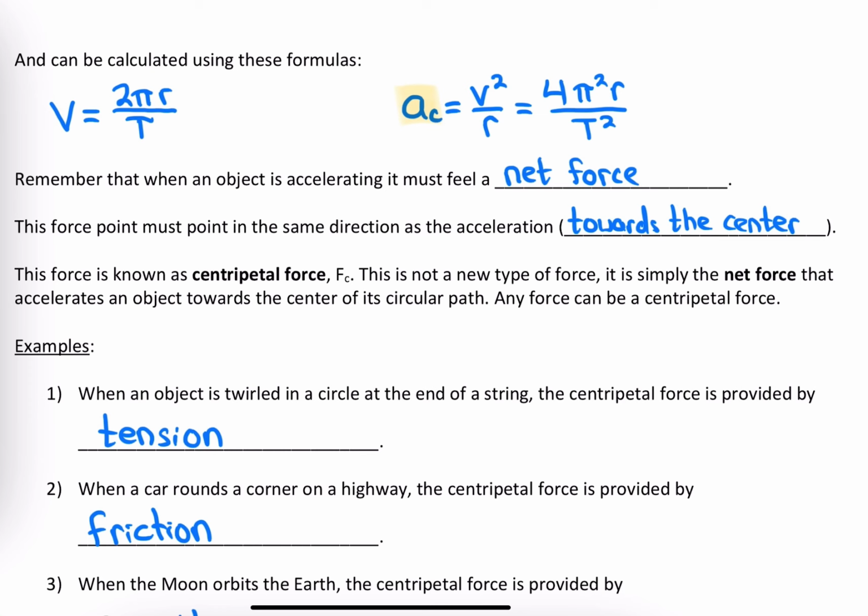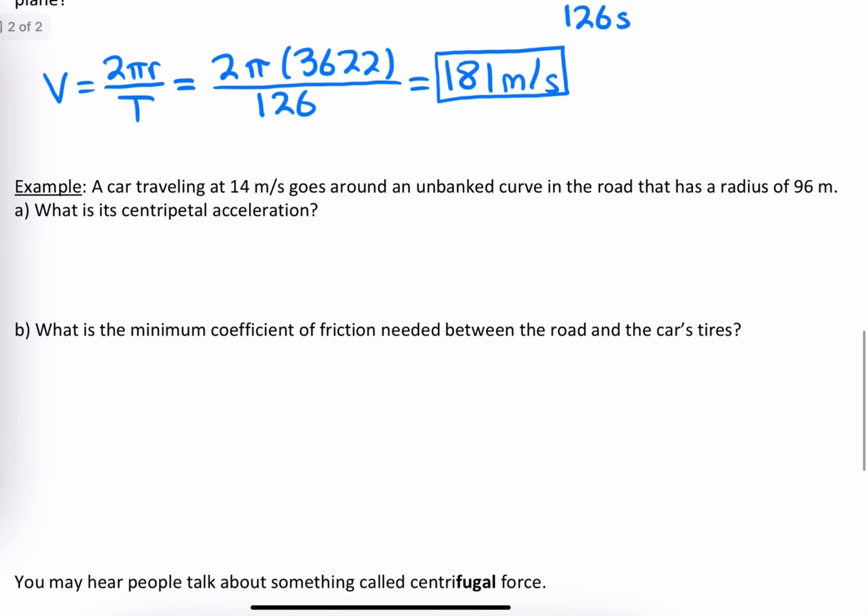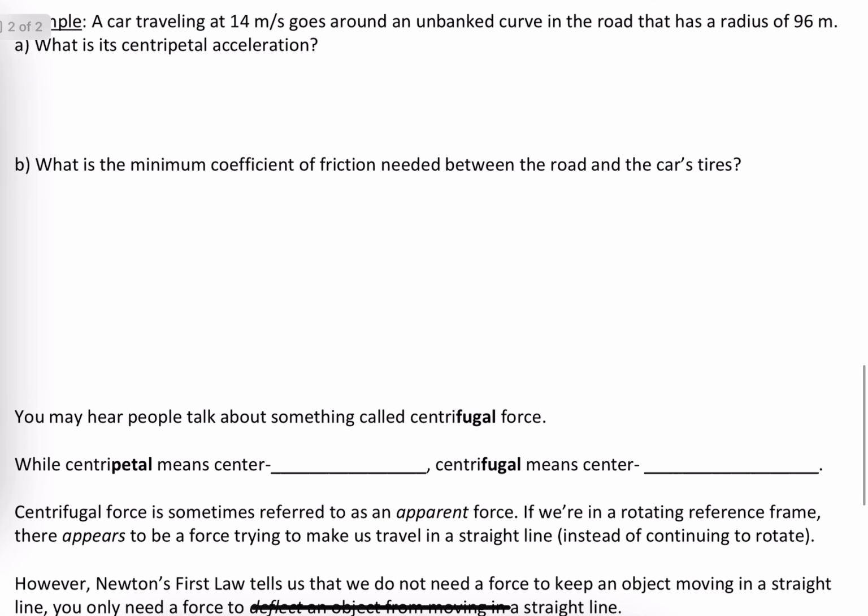We have two options, one with a v in it and one with a t in it. So we're going to ask ourselves, which one would be more easy to use in this scenario? The one with the v or the one with the t? Well, I'm given the v, and I'm not given any information about t, the period. So I might as well use the formula that uses the things I know.